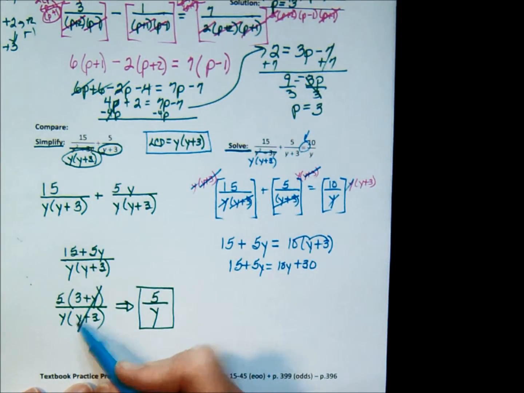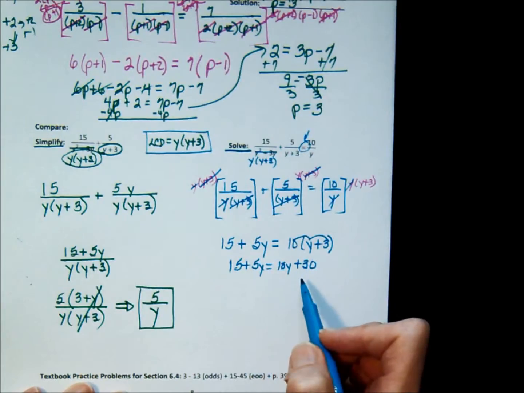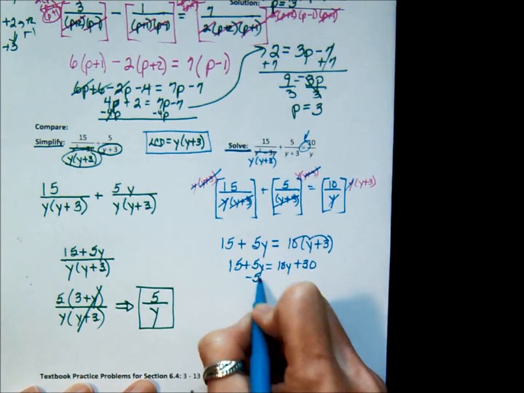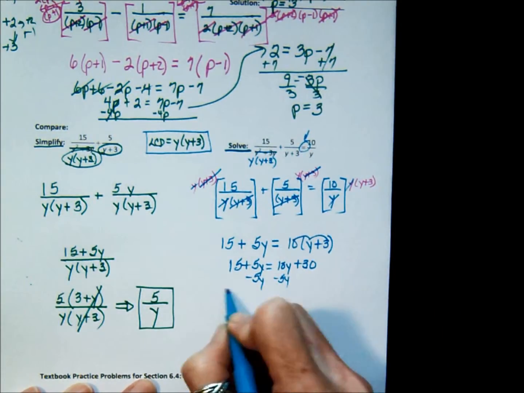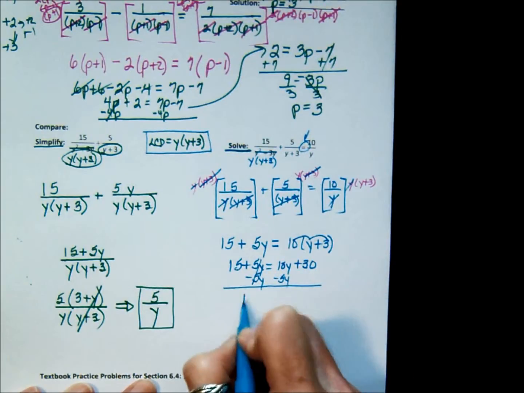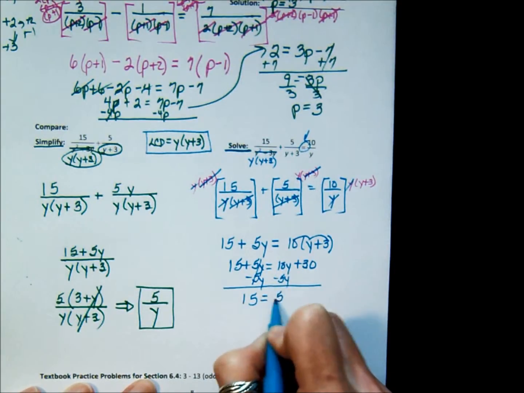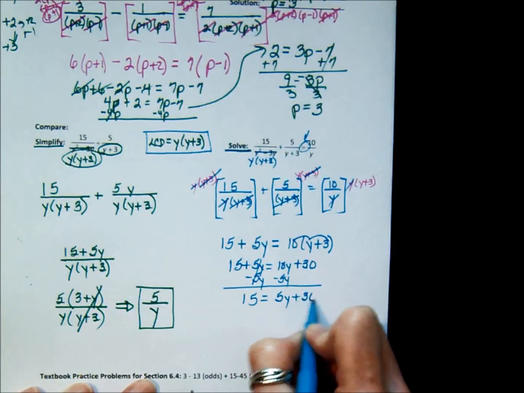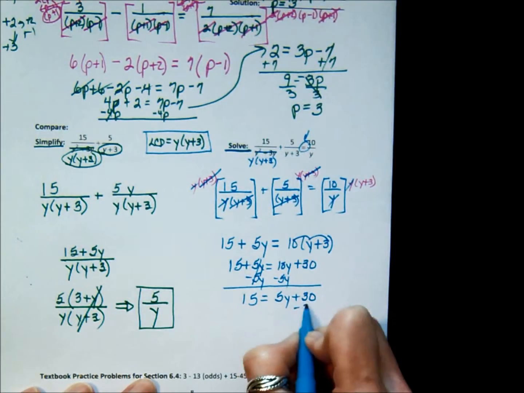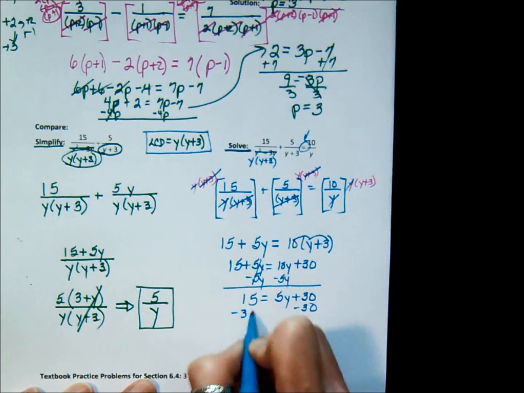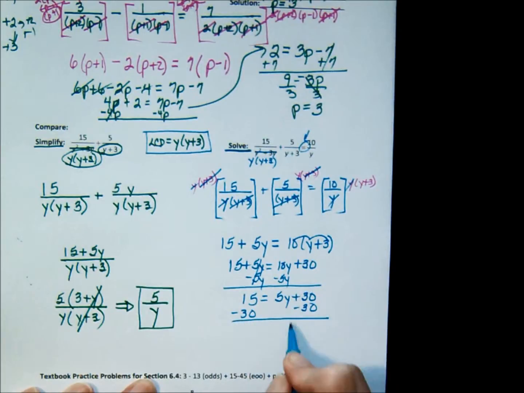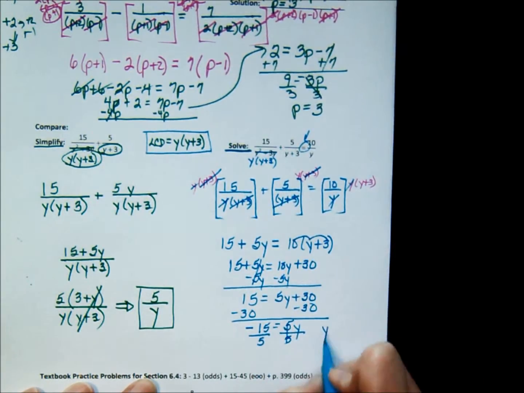I have an equation that needs to be solved. So I'm going to subtract a 5y here. That gives me 15 equals 5y plus 30. I'm going now to subtract my 30, and I end up with 5y equals negative 15. Divide by 5, and I get y equals negative 3.